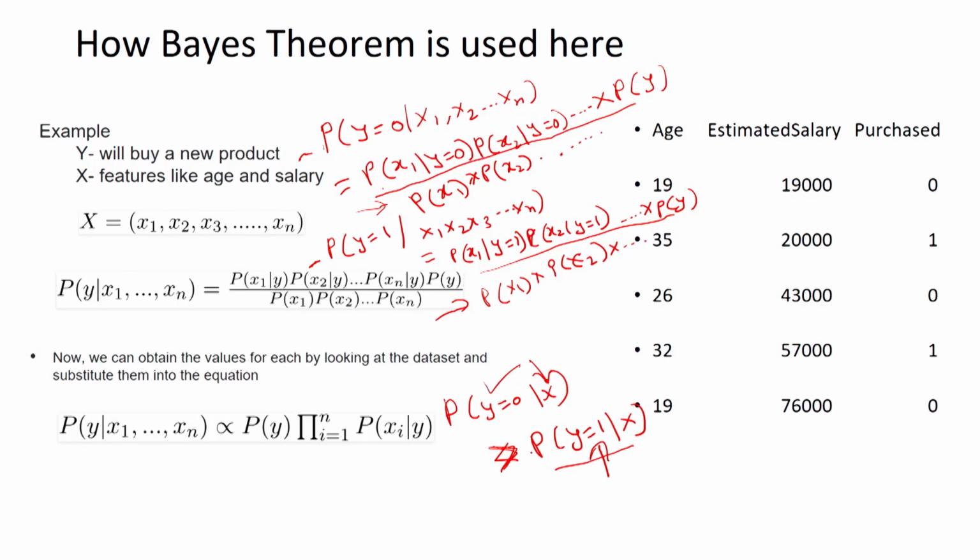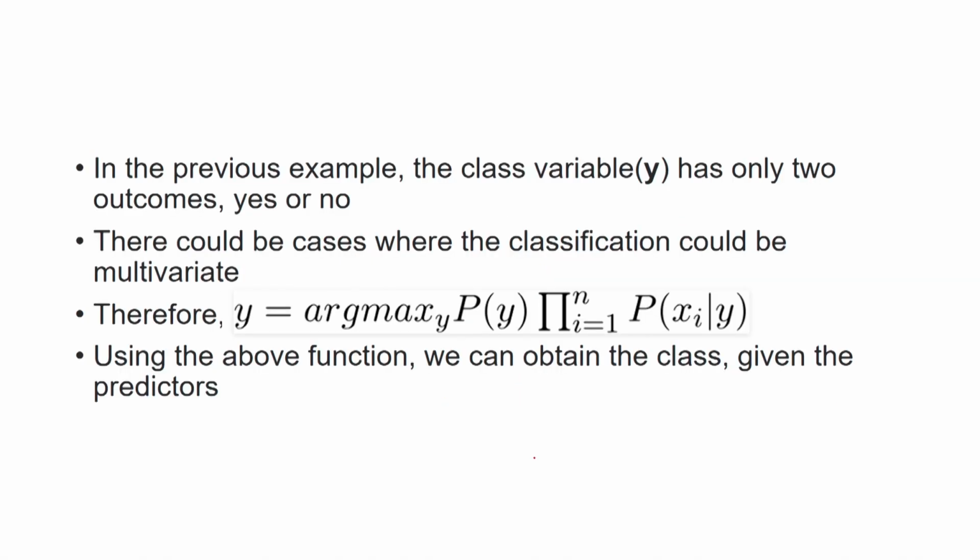So, this is the basic idea behind the naive Bayes classifier, and it is written this way: y is equal to argmax y. We are predicting that class y for which this probability is maximum.